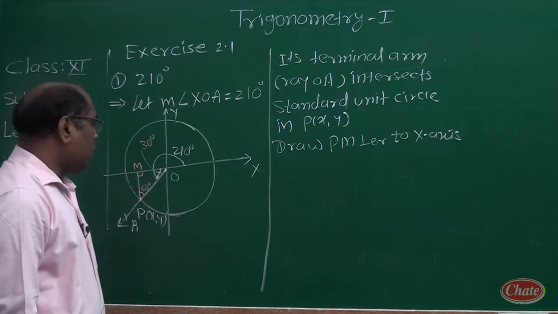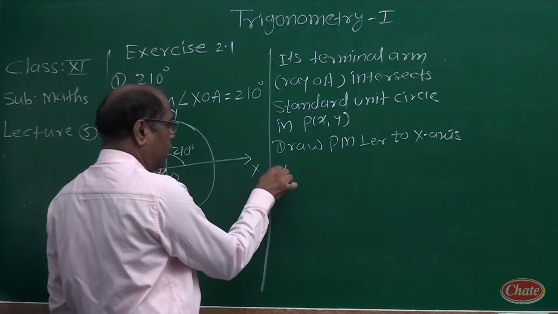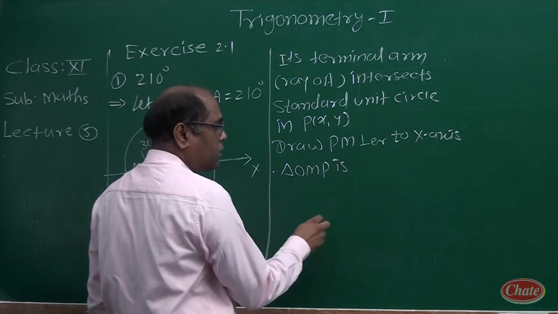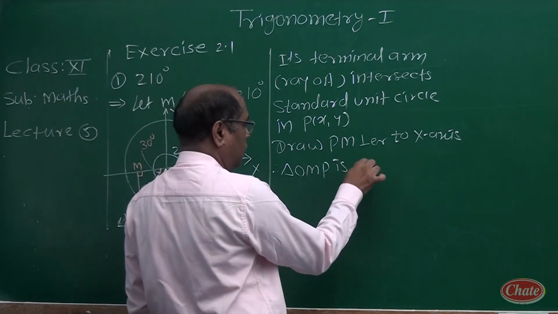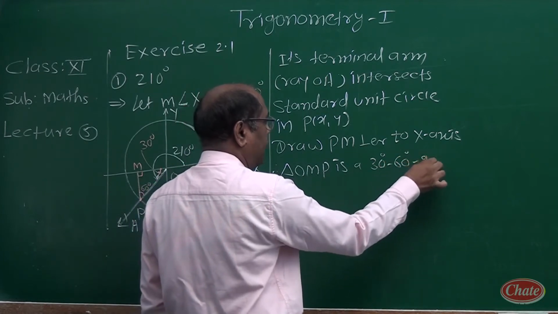So therefore the triangle OMP is a 30 degree, 60 degree, 90 degree triangle.